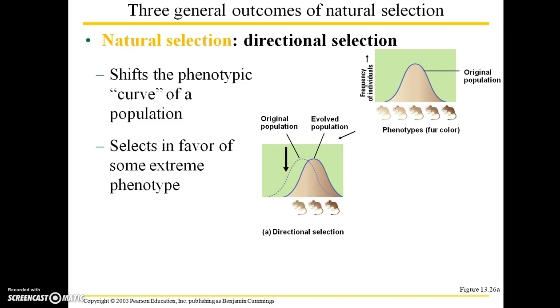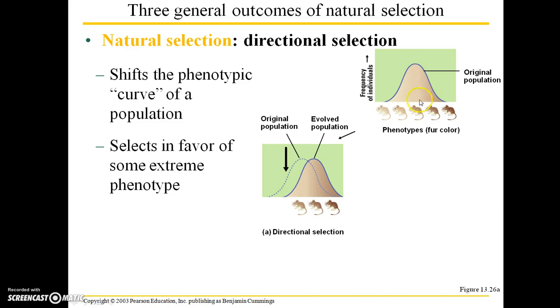Directional selection selects in favor of some extreme phenotype. So for example, we have the original population here showing what appears to be a nice bell curve. The frequency of individuals is on the y-axis and increases as it goes up, and the varying phenotypes of fur color are on the x-axis.